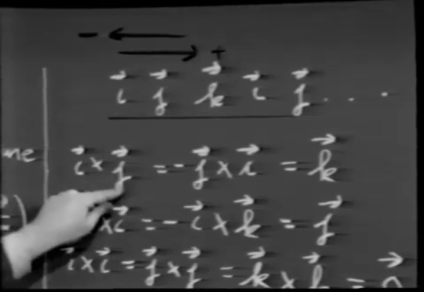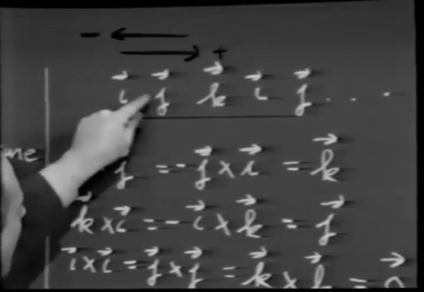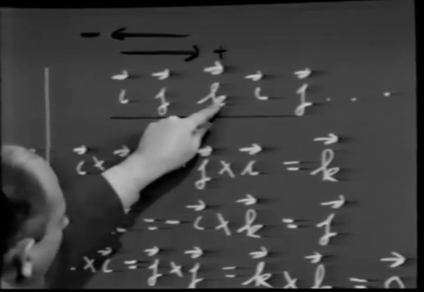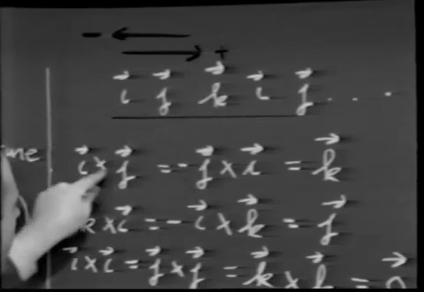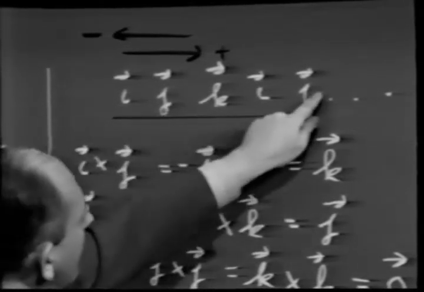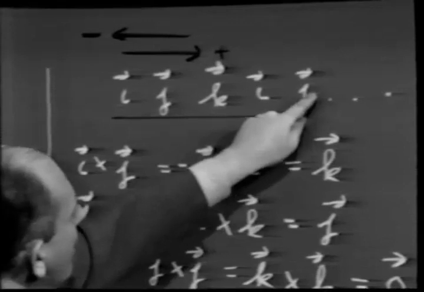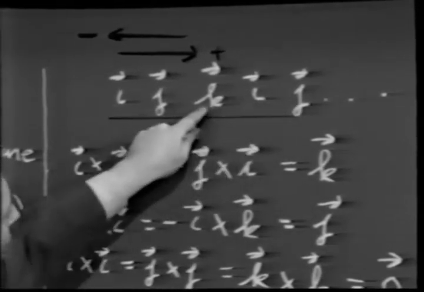For example, when you want i cross j, just read this list as you go along. i followed by j gives k, which is in the right order. See, i, j, k. So i cross j is k. On the other hand, j cross i means what? j followed by i is this way. That also yields k, but you're now going in the negative direction.